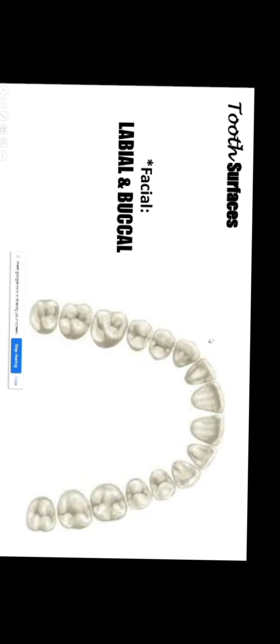Ang kanang canine to canine nimo, again from canine to canine, same with the lower, we call them anterior teeth. From your first premolar going to the third molar, we call them posterior teeth. So when I say anterior teeth, that's canine to canine. When I say posterior, that's first premolar to the third molar.